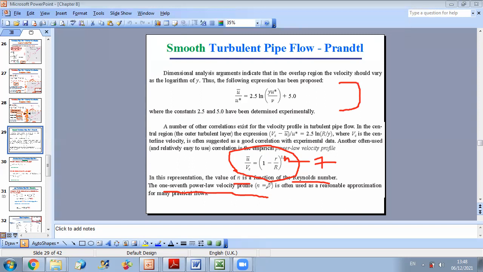For smaller Reynolds numbers, you'll have different values of n. This profile is determined by experimental analysis, and we can see that as Reynolds number increases, the profile will go from the parabolic profile of laminar flow and tend to a flat profile following the 1/7 power law velocity profile.